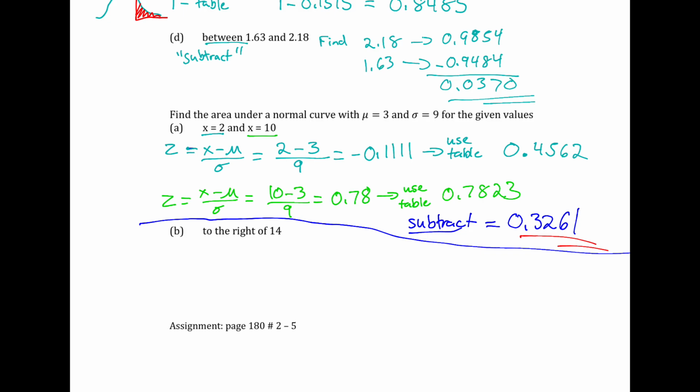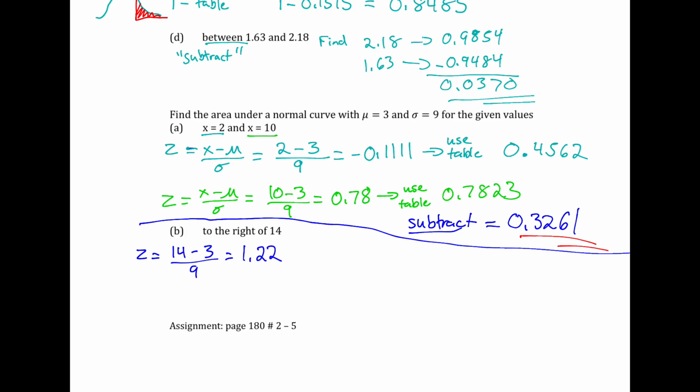Okay, one more for us to do, and that's to the right of 14. So the x number is going to be 14. So we're going to write z is equal to 14 minus 3 over 9. So that's our math first step. 14 minus 3 over 9. I get 1.22.